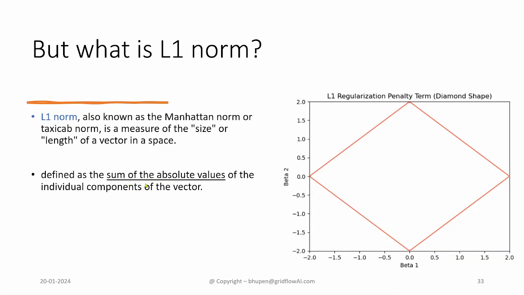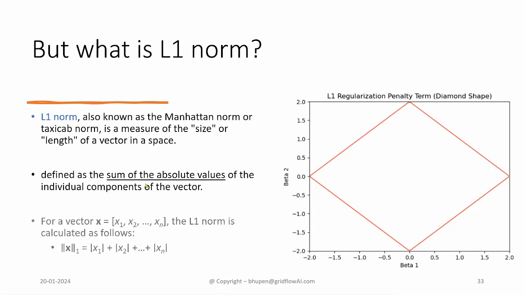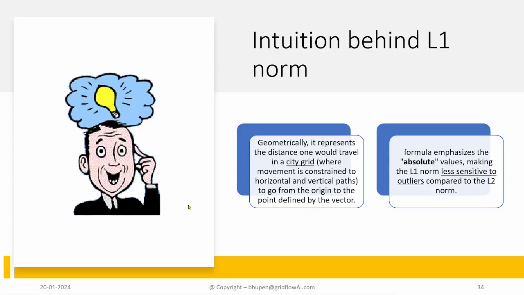It is simply defined as a sum of the absolute values, which is what we just discussed. These are the coefficients, let's say x1, x2, and xn. Take the absolute values, add them together, and that gives you the L1 penalty or L1 norm. So what's the intuition behind the L1 norm? Let's understand this. This is crucial.